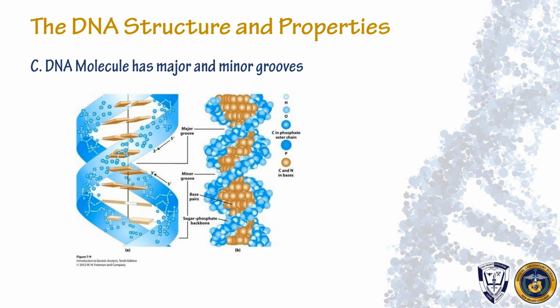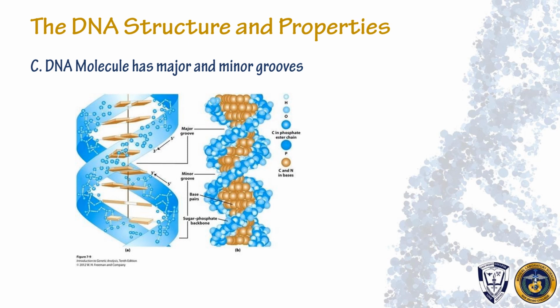And these grooves allow proteins to bind to and recognize DNA sequences from the outside of the helix. The grooves expose the edges of each base pair located inside the helix, which allows proteins to chemically recognize specific DNA sequences. On the other hand, your minor groove is the narrower of the two grooves in the DNA double helix.